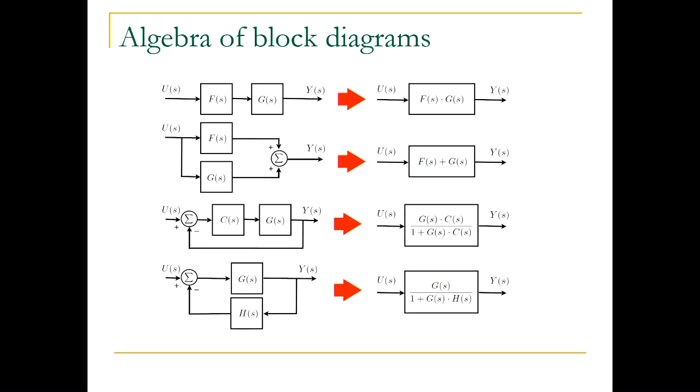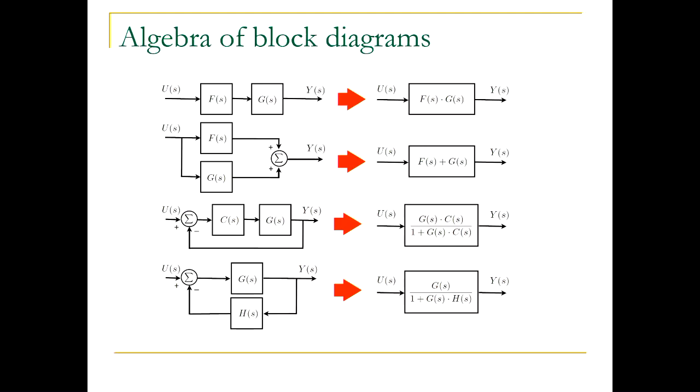When I look at this, I'm not sure what the transfer function is that relates u and y. So algebra of block diagrams simplifies this complicated picture into a single transfer function that relates u and y directly. The claim is that the relationship between u and y, in this case, is given by this single transfer function.